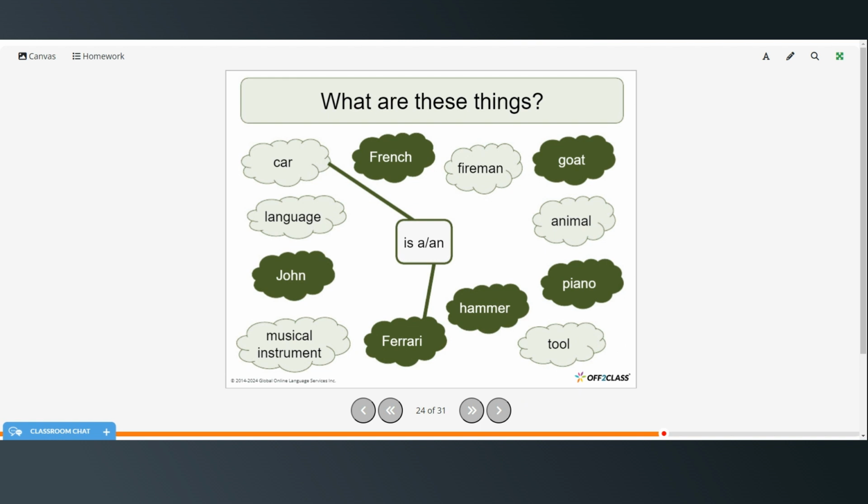All right, so now you can make some other sentences. So a Ferrari is a car. Okay, how about make some other sentences? So French is a language.